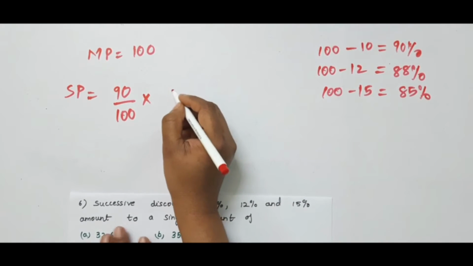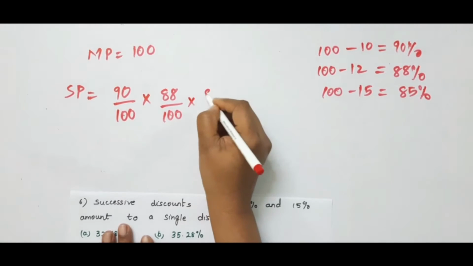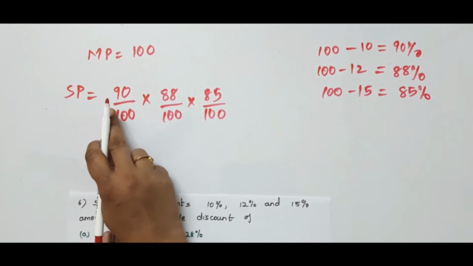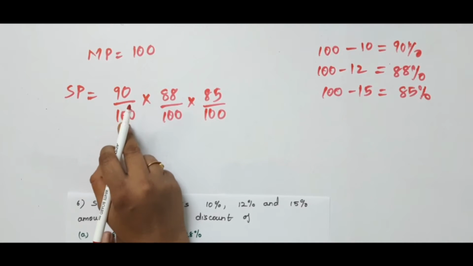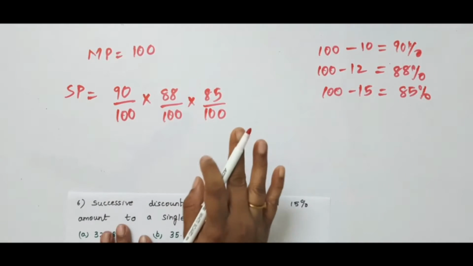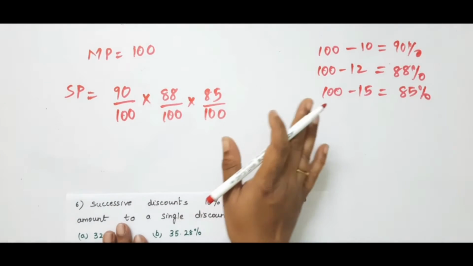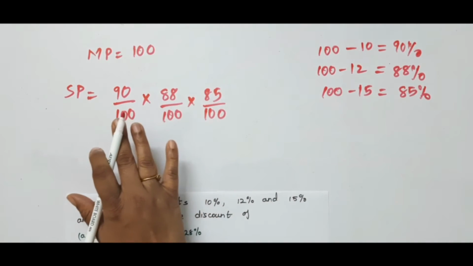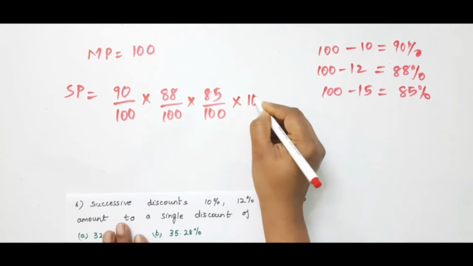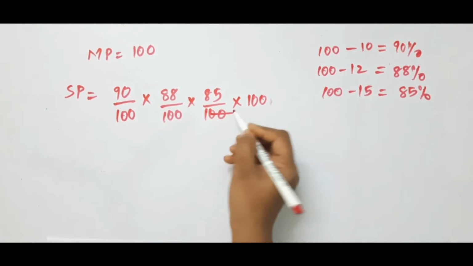So we got 90% and 88% and 85%. So 90 by 100 into 88 by 100 into 85 by 100. If they give a single discount, you just subtract that percentage from 100, divide by 100 and multiply into the market price. Here they have given 3 successive discounts, so subtract each discount from 100, divide by 100 and multiply into the market price. Here we have taken the market price as 100. So just simplify now.